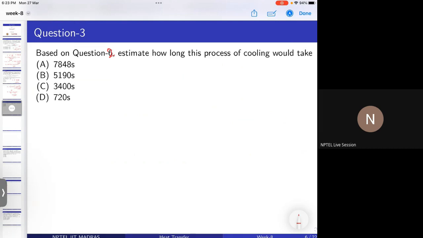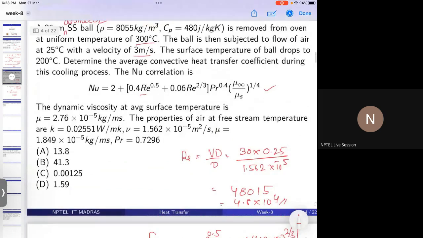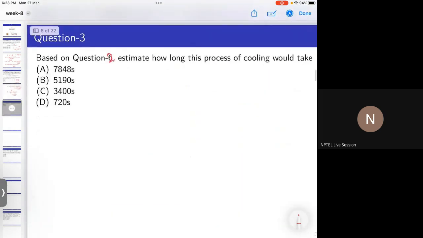You have to estimate how long it will take for the board to cool from 300 to 200 degrees Celsius. That is the question.